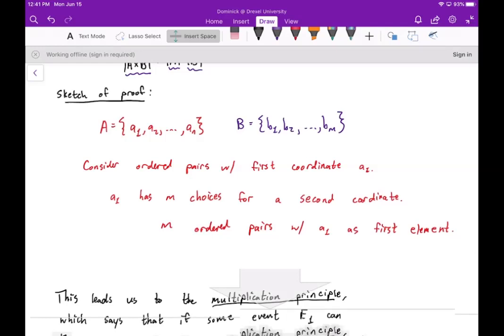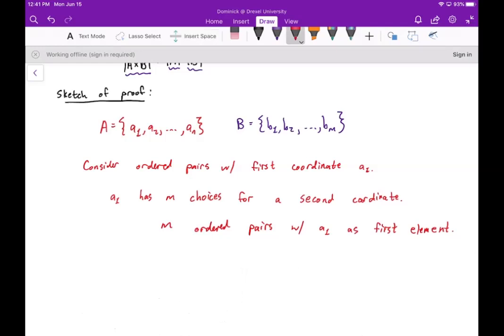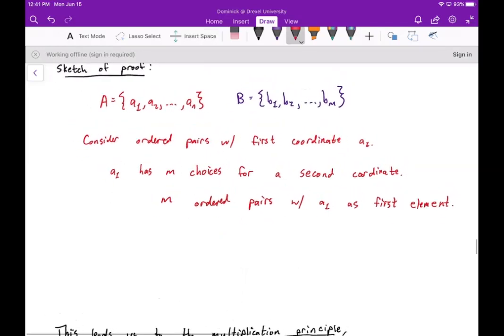So now we repeat for a2. And you're going to have m ordered pairs with a2 as its first element.